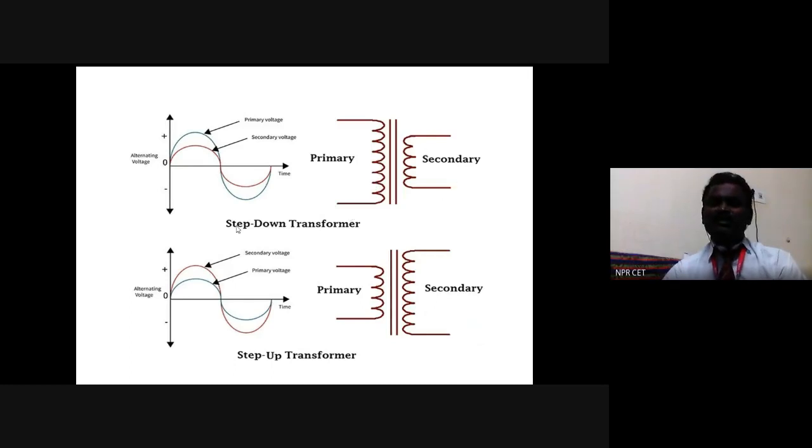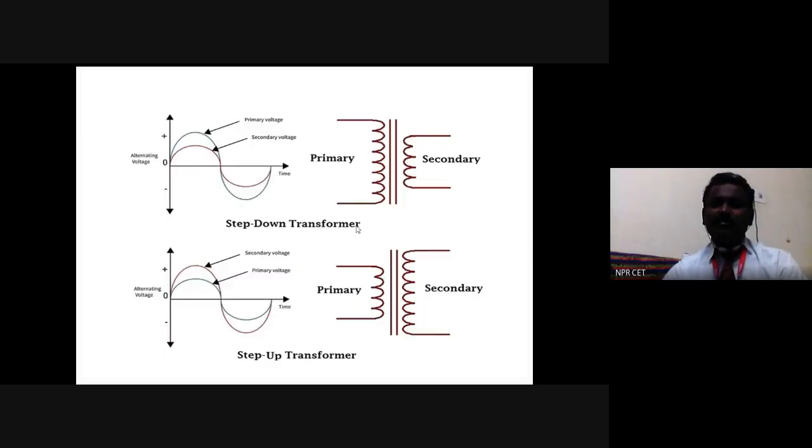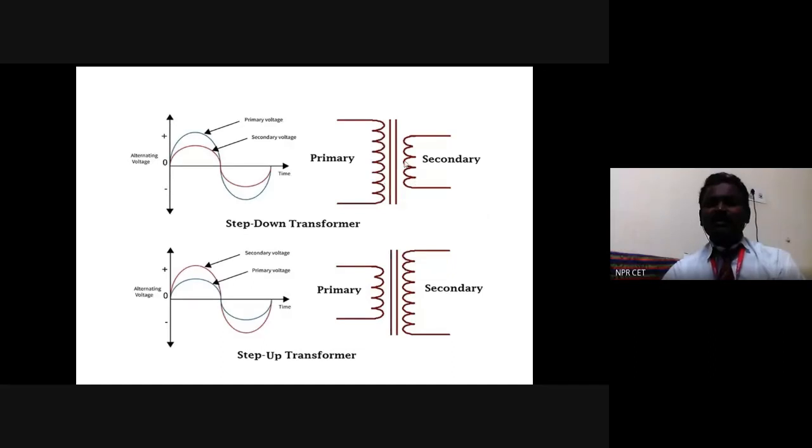Where can it be used? In places that require low voltage, like a cell phone charger. The charger requires low voltage from the single phase 230 volt AC. Suppose we need 5 volts: the input is 230 volts and the output is 5 volts. So this is a step down transformer.